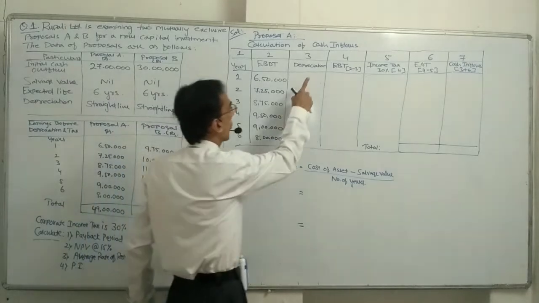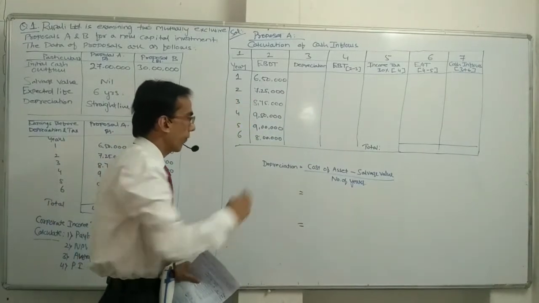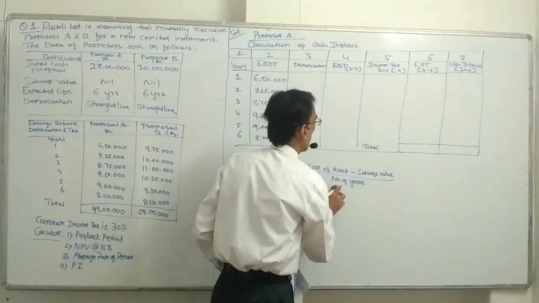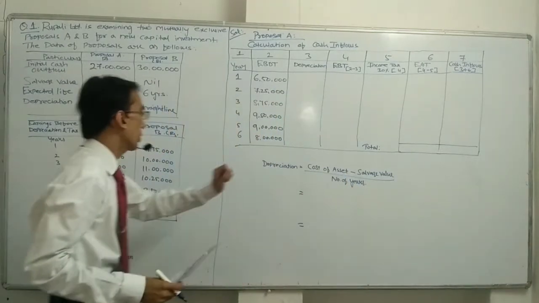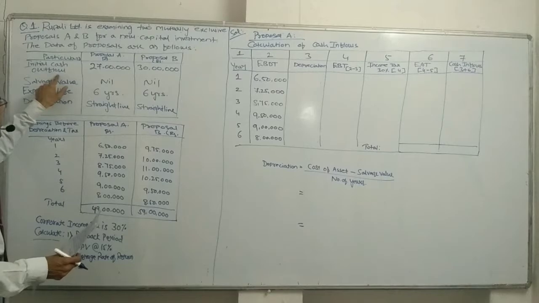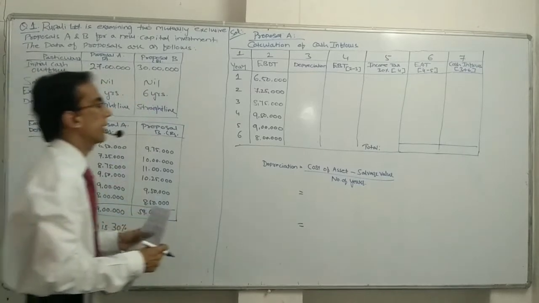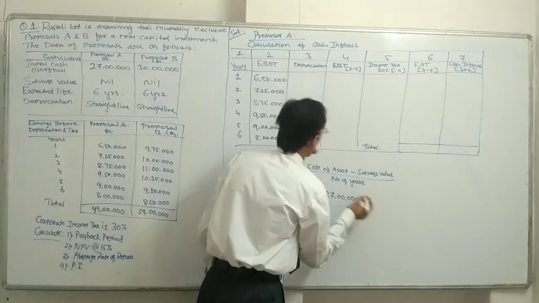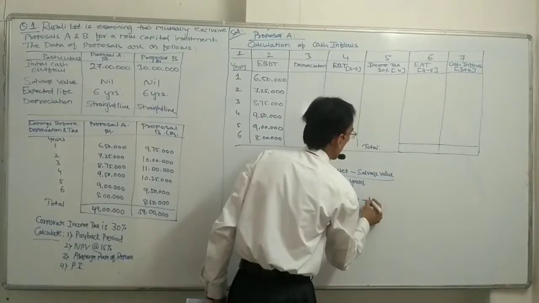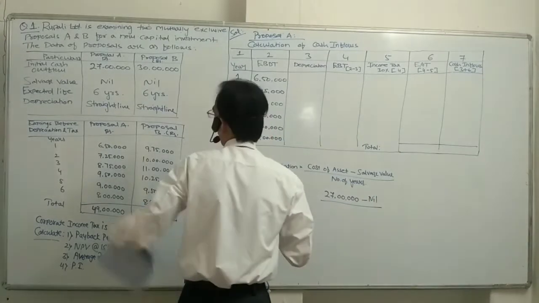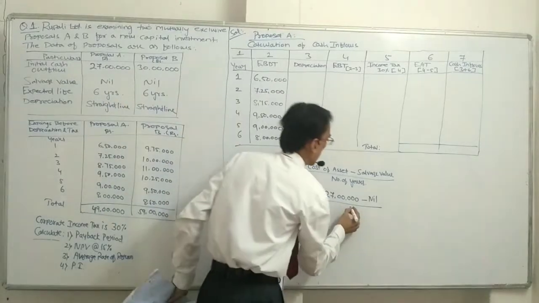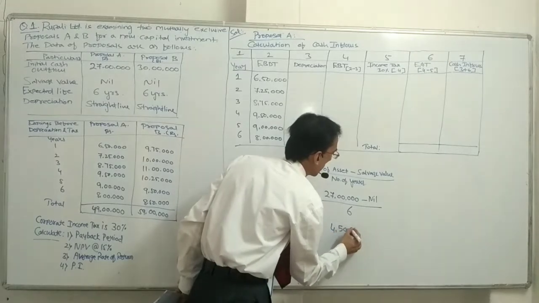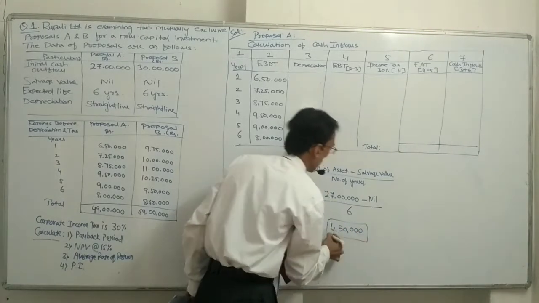Later on, we need to find out depreciation, and the formula for finding depreciation is cost of asset minus salvage value divided by number of years. Cost of asset means initial cash outflow of project A, that is 27 lakh, minus salvage value is nil, divided by number of years the project is going on, 6, and after division we get rupees 4,50,000 as depreciation.